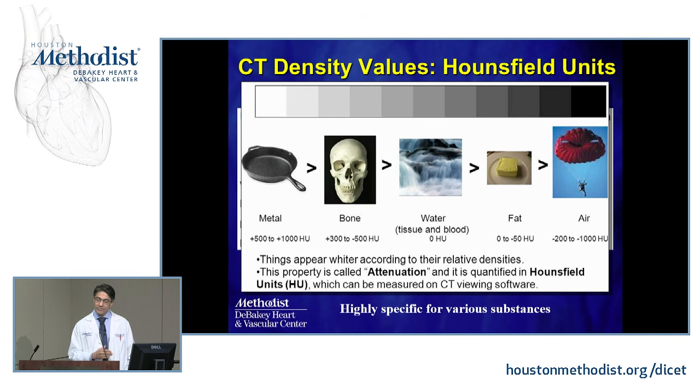As you know, different substances have different Hounsfield units. Of course, our contrast resolution is not as great as other techniques such as SPECT or CMR, but there are objects we can clearly identify with great specificity based on their Hounsfield units.